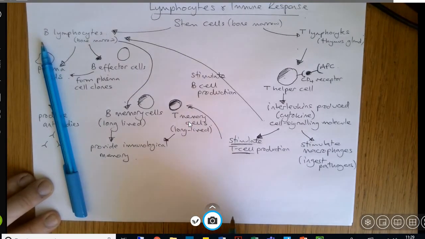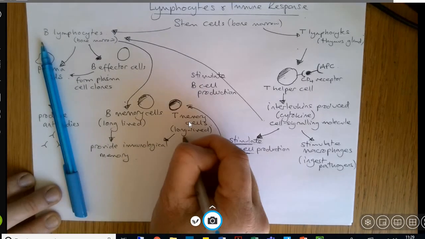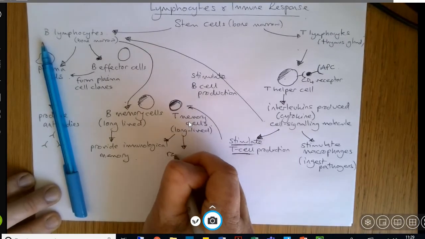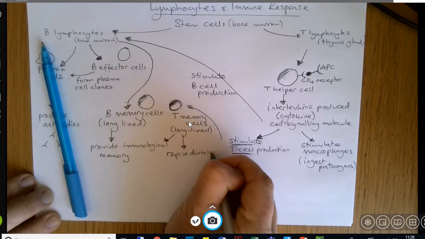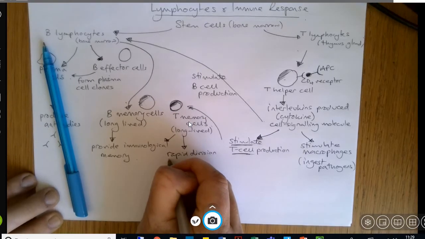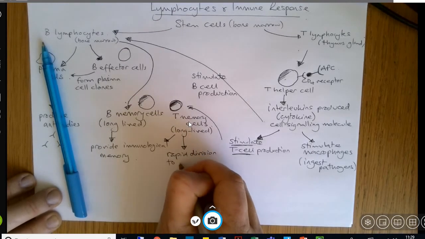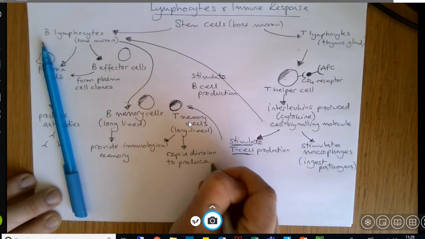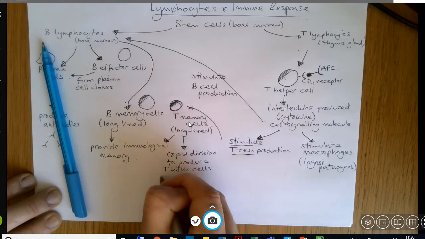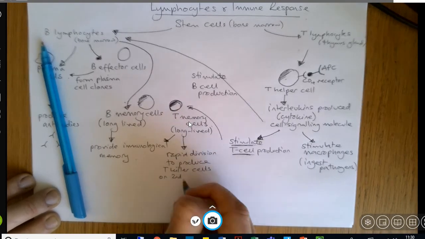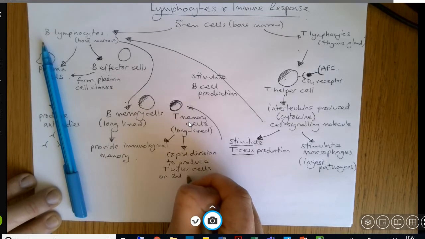And what they then do is they rapidly divide to produce T killer cells, which I'll come on to in a second, from a second infection.